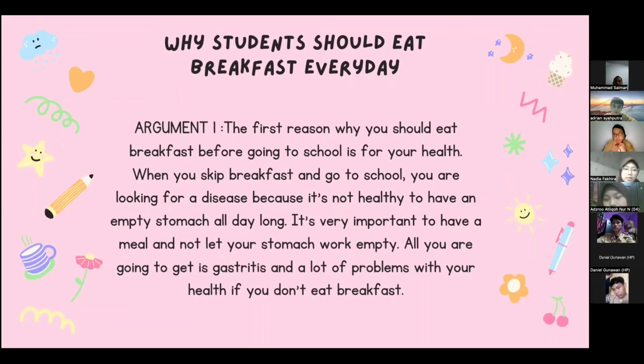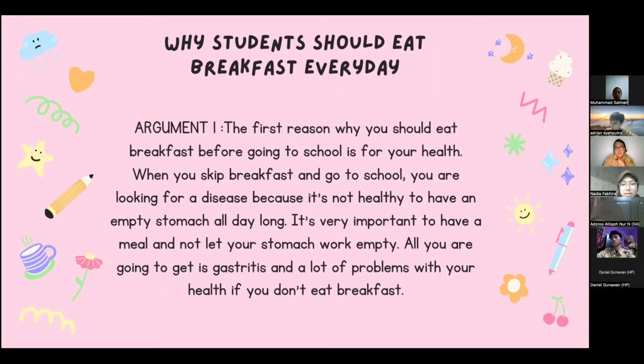The first reason why you should eat breakfast before going to school is for your health. And then there is a fact from this text. The fact's function is to explain or complete the reason or opinion from the text. So the fact is in the last sentence.